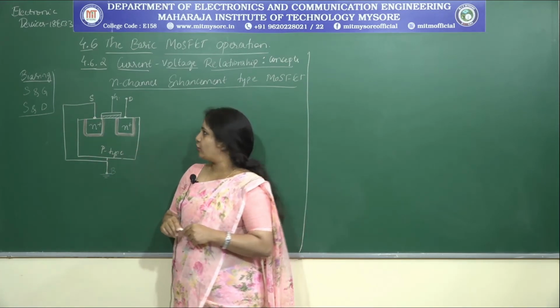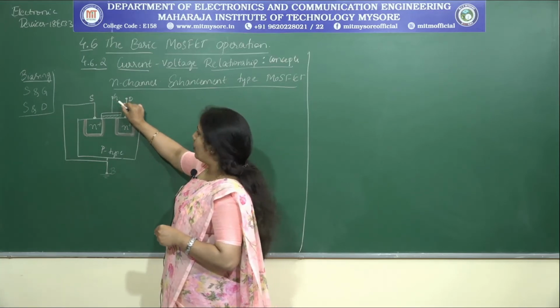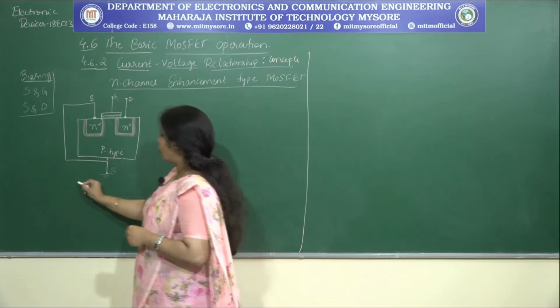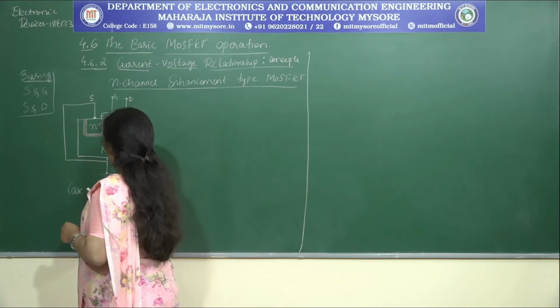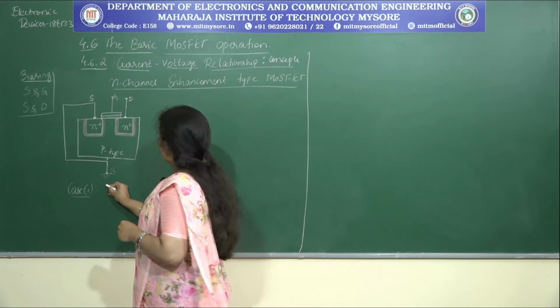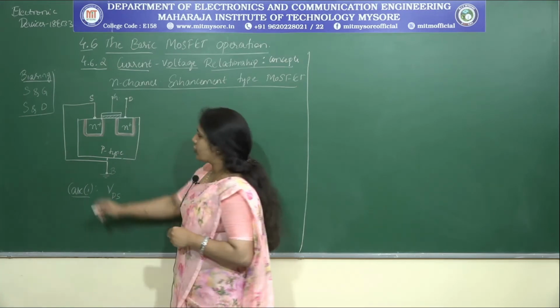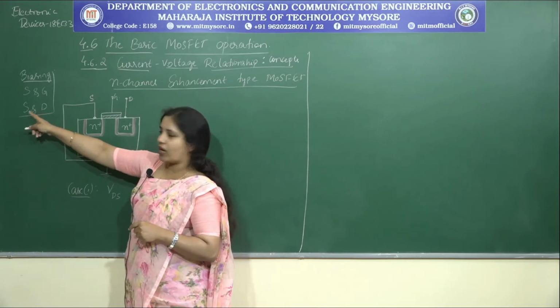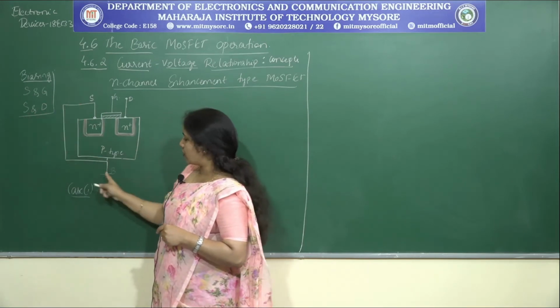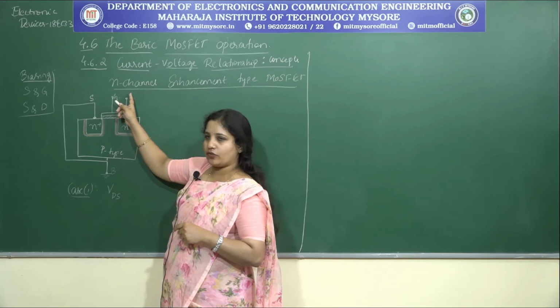After that, I will consider a condition, Case 1. Whatever the drain potential I am connecting, the source is grounded and the drain has to be connected to the positive terminal of the battery.